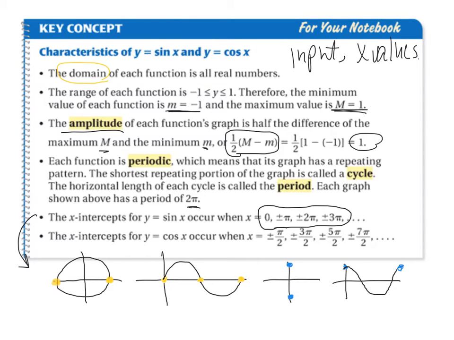Sorry, let me redo that. I want to know where I'm hitting my x-axis, right? So I hit it at 90 degrees, and then again at 270 degrees, and back up and complete the cycle.